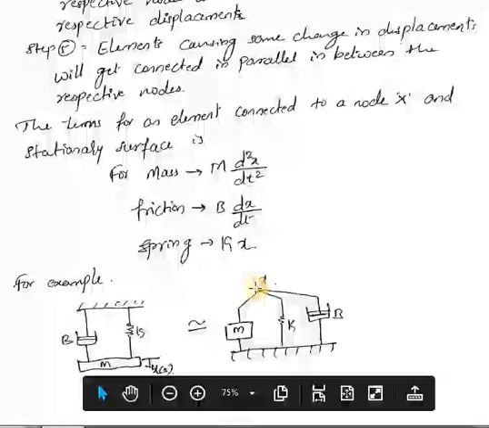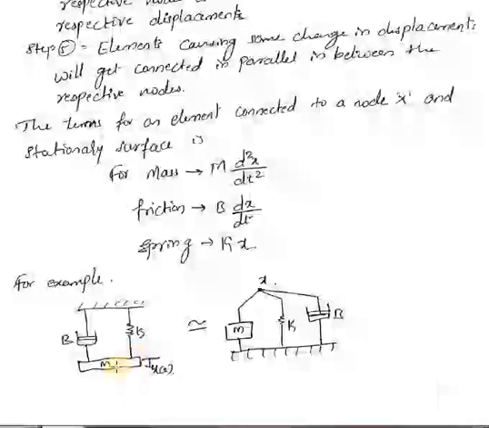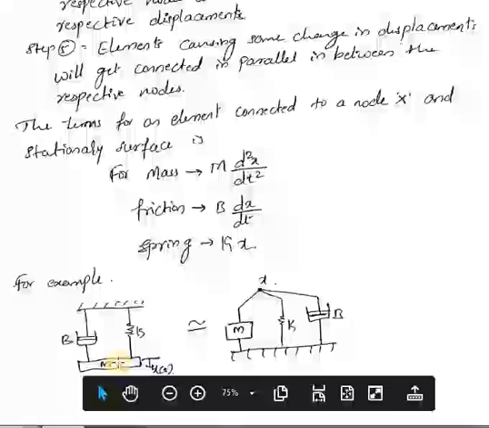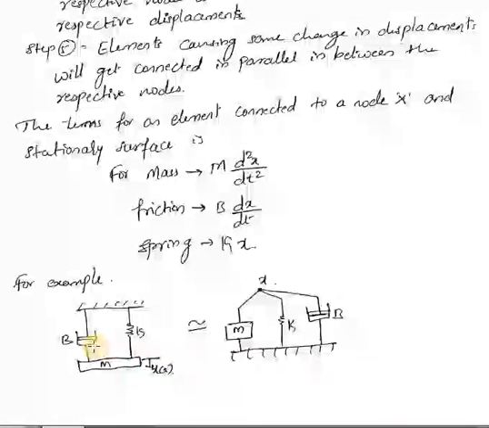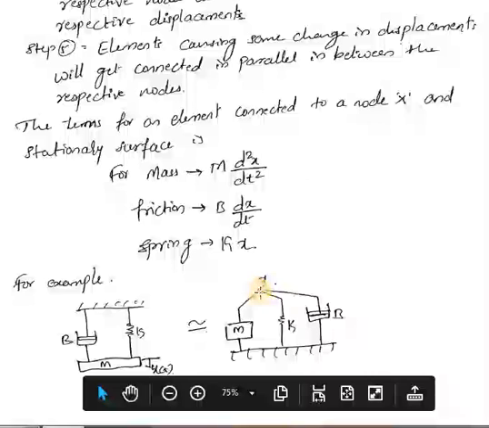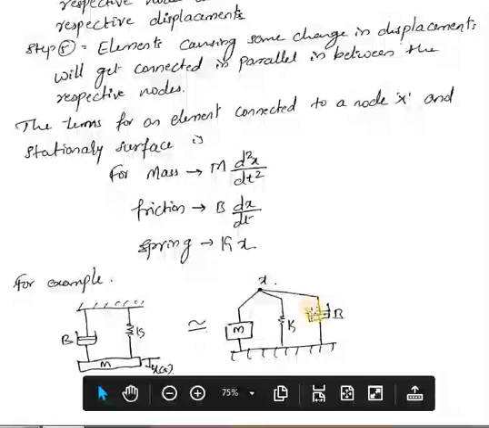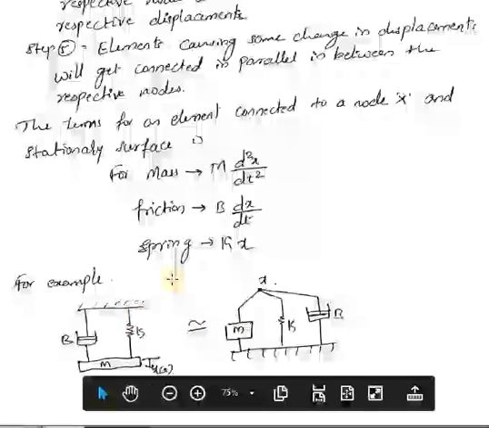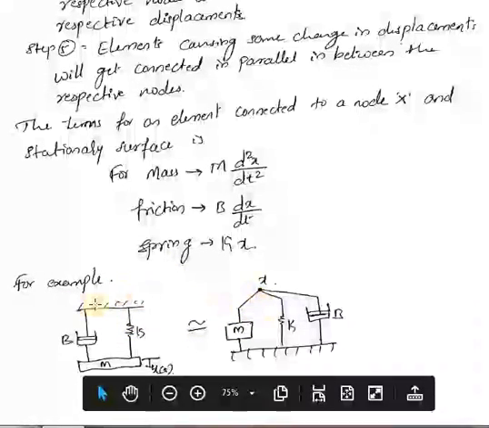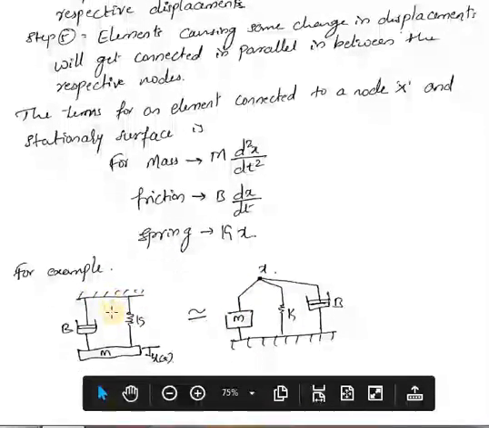So mark that x, and then you need to identify the elements which are under the influence of that displacement. Here m has the displacement of an amount x. Definitely b and k have the same amount of displacement because they are connected in parallel. So for that x, you need to attach m, k and b. This is the equivalent mechanical system of the given system.